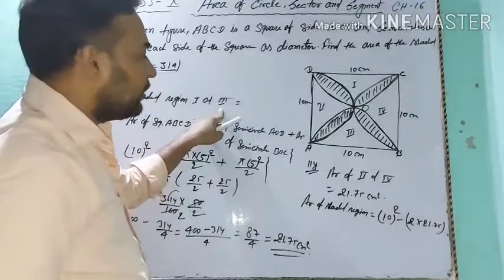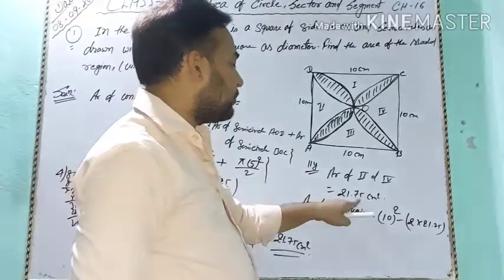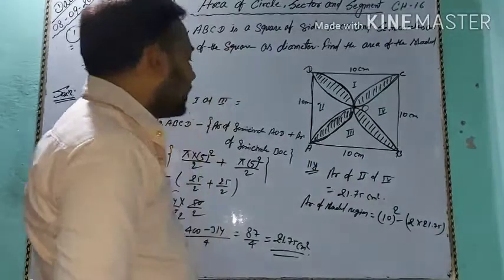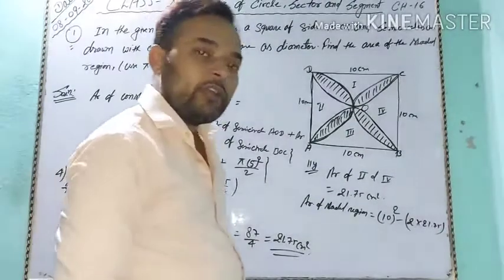Okay, and 21.75 is also the area of 2 and 4. So total area is 2 multiply 21.75.